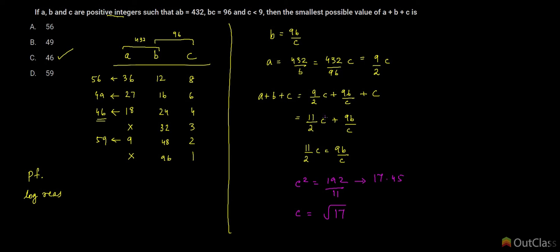With that constraint and with the even integer constraint, you will see that the best case scenario is C is equal to 4, which is the same thing that we got here. Now after you find C is equal to 4, you can just substitute it here and you'll get 11 by 2 into 4 plus 96 by 4 is equal to 46.